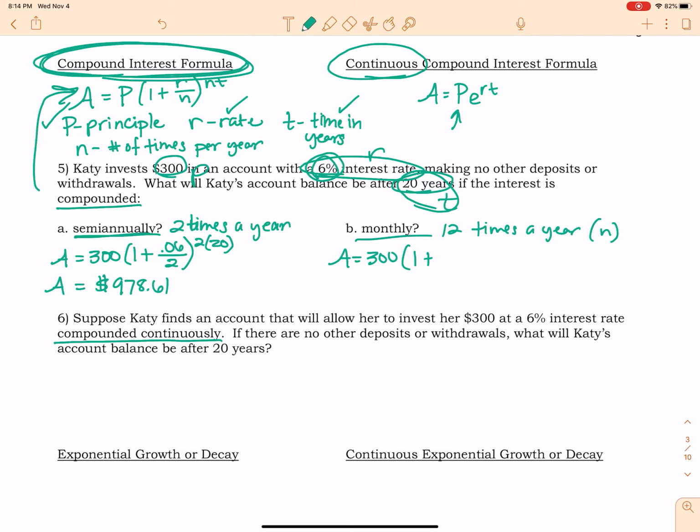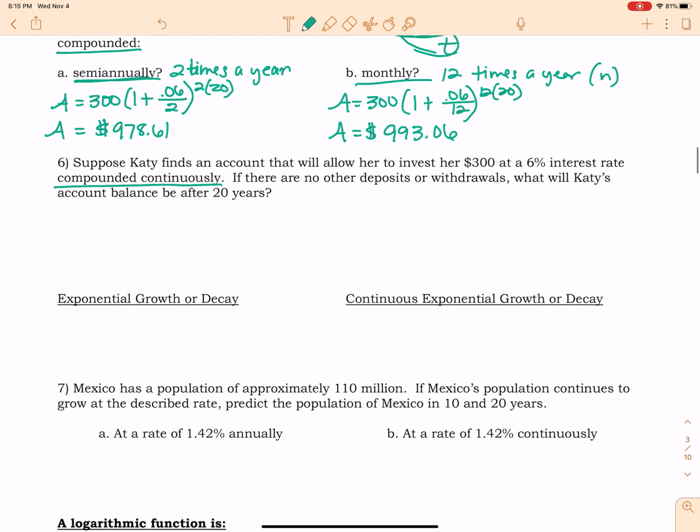It's 1 plus 0.06 over 12 this time instead of 2, and then to the exponent 12 times 20, because I'm still dealing with 20 years. So what would that be? You'd get 993.06. Magic.